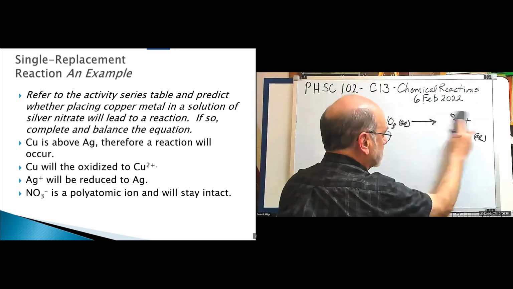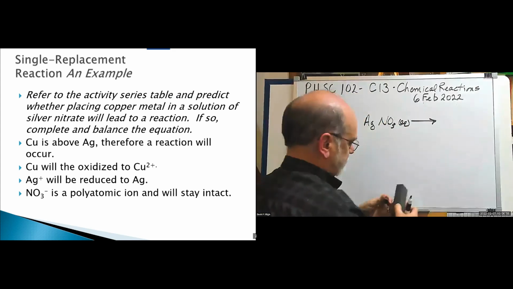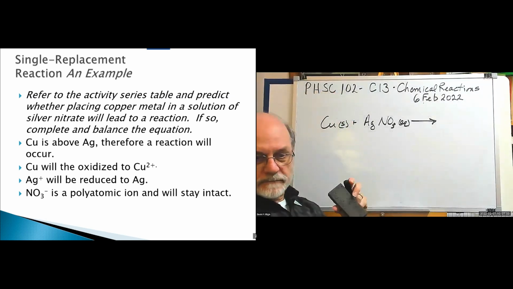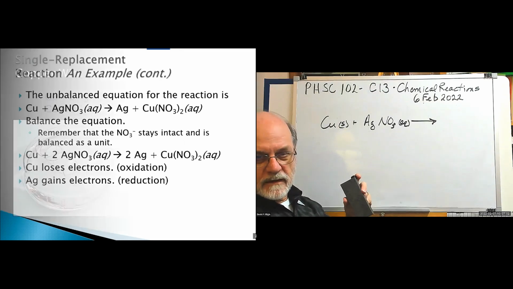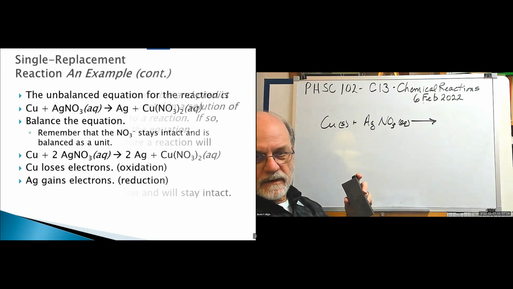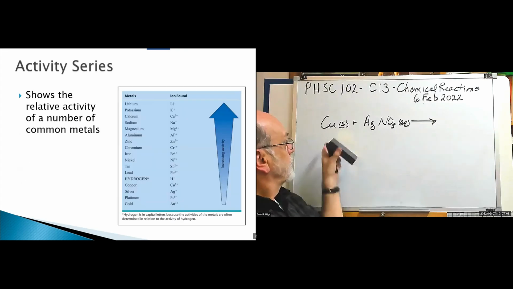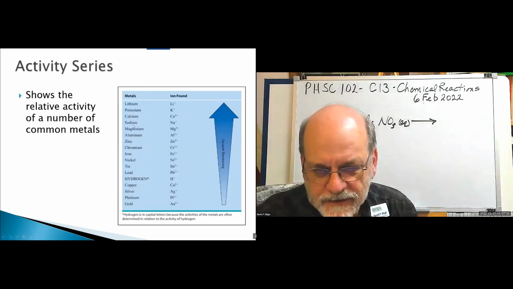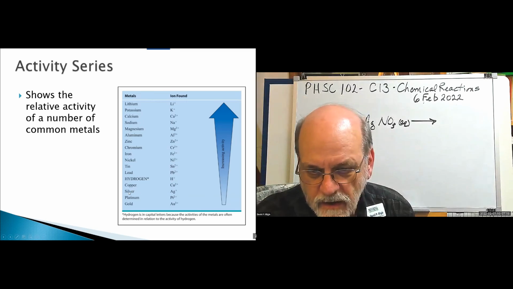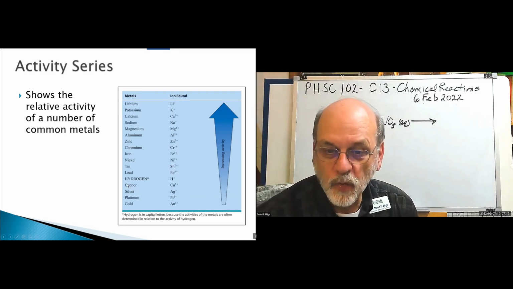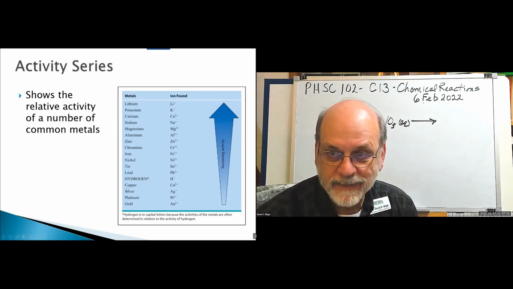That's the question. Well, we have to look at the activity series. Here we go. Copper and silver. So let's find silver. Silver is way down here. Copper is above it. So copper will replace silver in that compound.